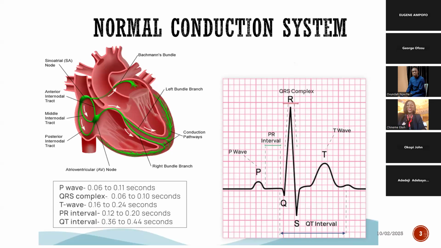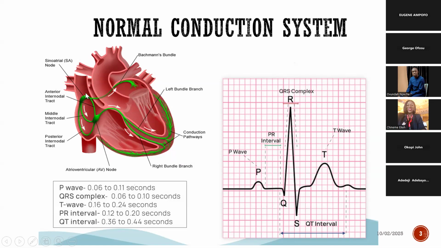So on the screen, we have the normal electrical conduction pathway of the normal heart. At the top here, between the right atrium and the superior vena cava junction, where the two meet, we have the sinoatrial node, and then we have the anterior internal nodal tract, middle internal nodal tract, posterior tract, and then the Bachmann's bundle.